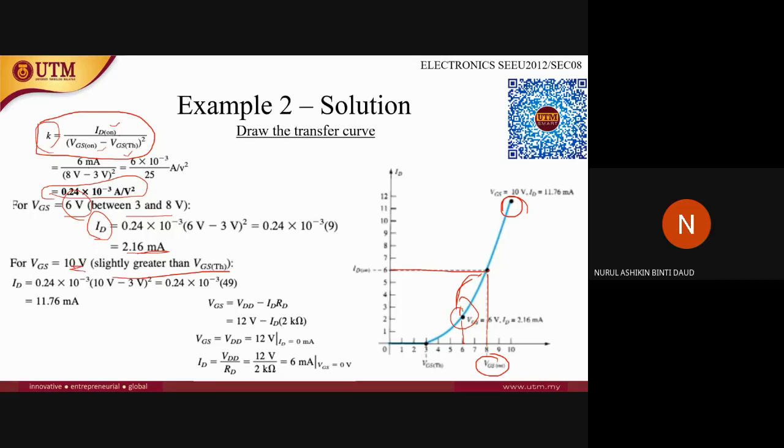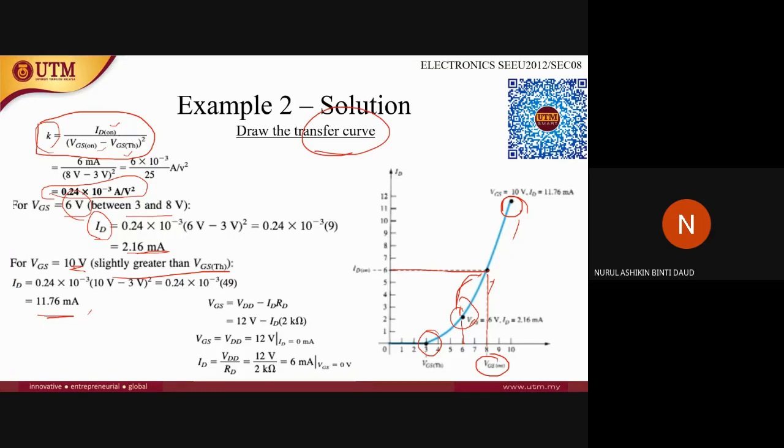Using this equation again, we can find the value of ID, which is 11.76 milliamps. So with these four values, including the threshold value, we can connect the line and draw the transfer curve.